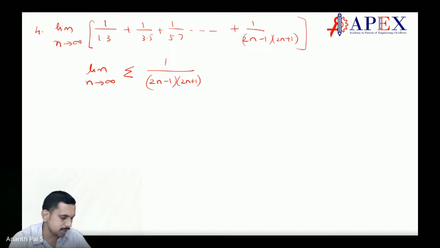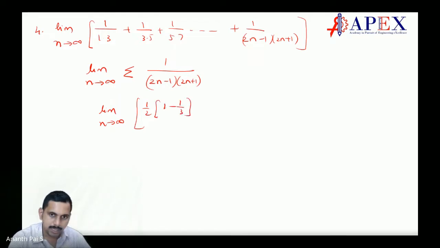Okay, so this one can be written as limit n tending to infinity. This 1 by 3 can be written as half into 1 minus 1 by 3.